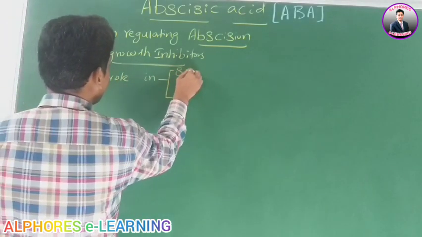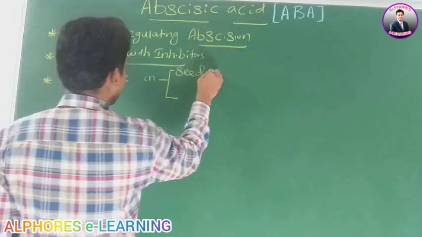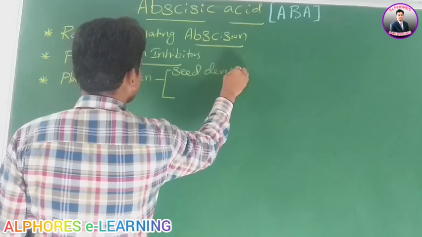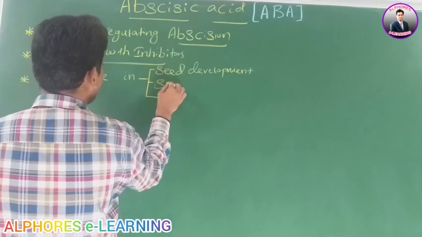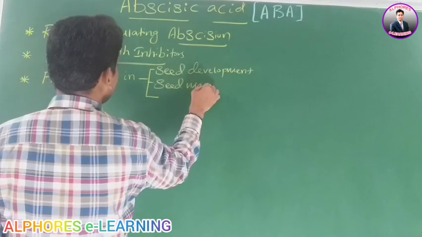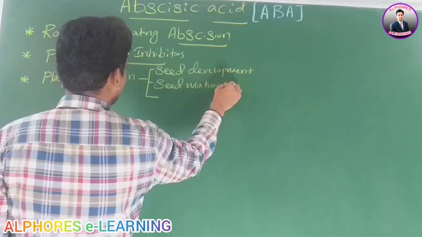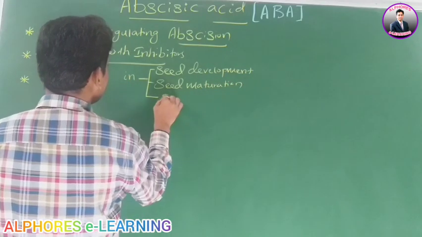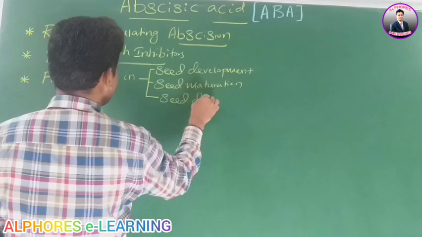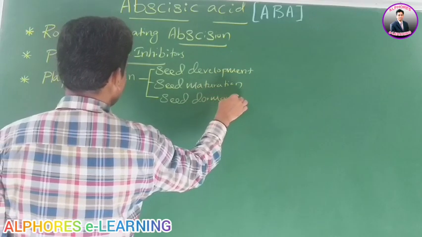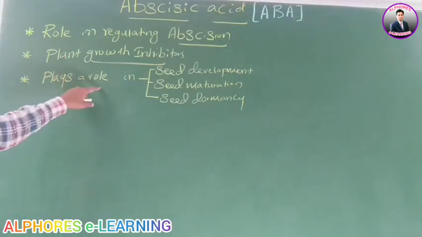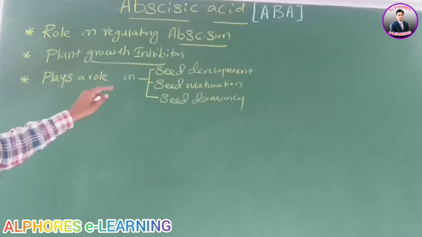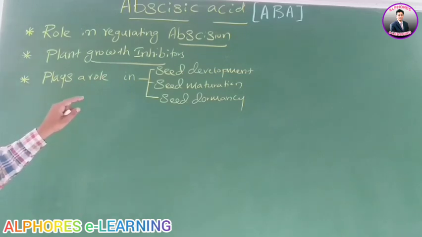Seed development, seed maturation, and what more? Seed dormancy. Is this statement okay? Therefore, abscisic acid plays a role in seed development, seed maturation and seed dormancy, right?